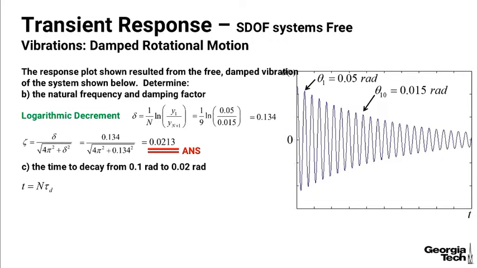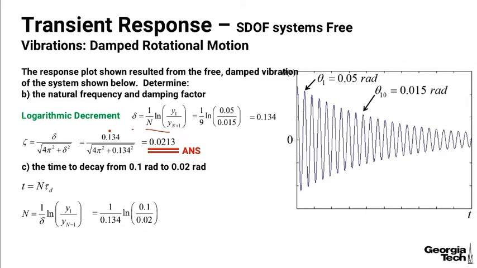And so the time would be the number of cycles that we go through times tau sub d, the damped period of oscillation for each cycle. We know that n, from that top definition up here of the log decrement, becomes 1 over delta times the natural log of those peak ratios.